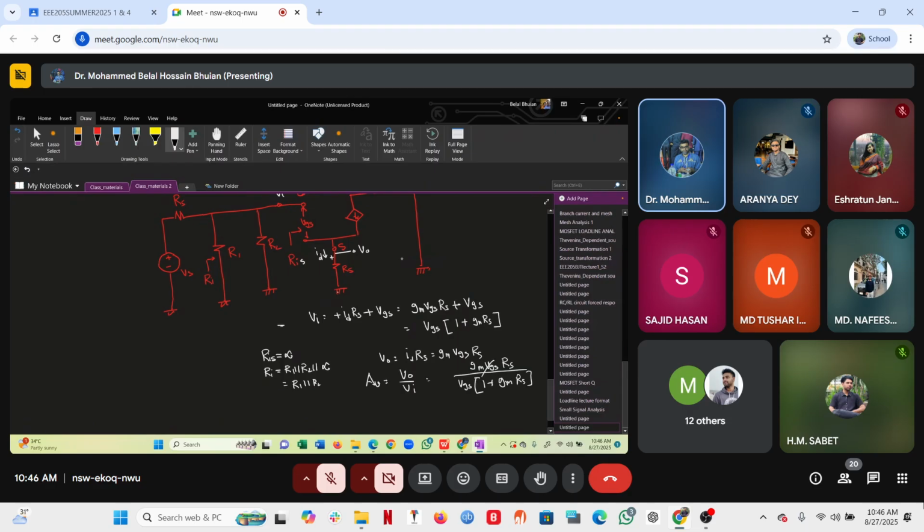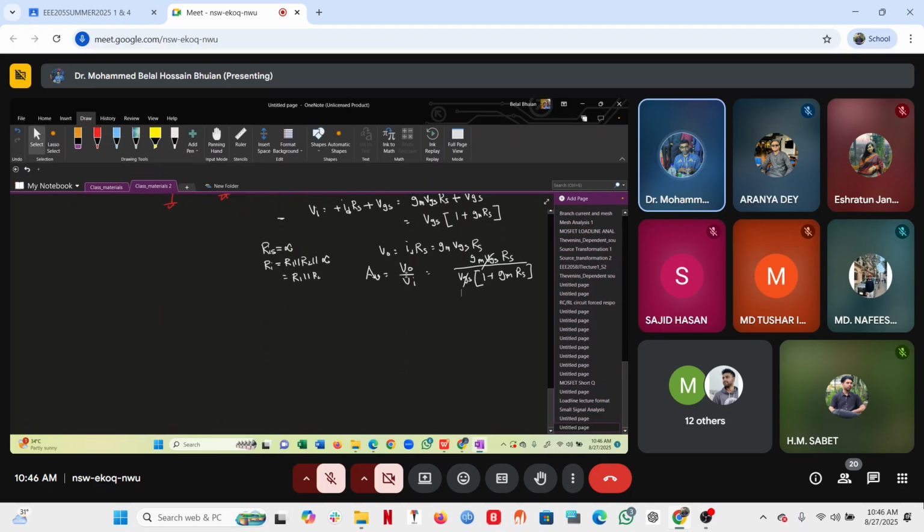So VGS cancels out. So the gain is gm RS divided by 1 plus gm RS.